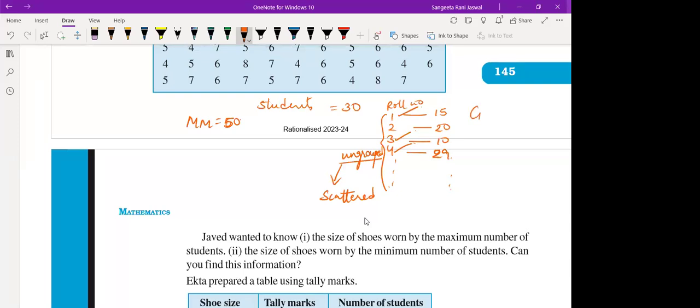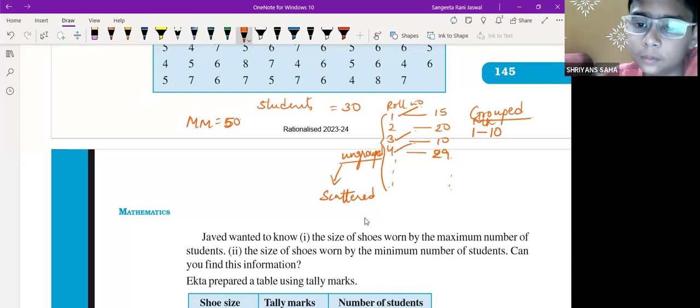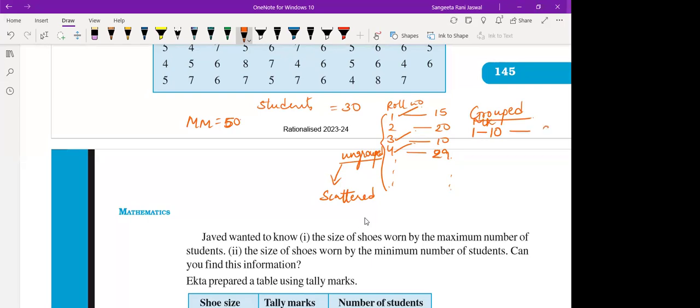Now, what do you mean by grouped data? Grouped means I'm grouping them. Suppose I say, how many children got marks between 1 to 10? I'll say, okay, 3 children got marks between 1 to 10.